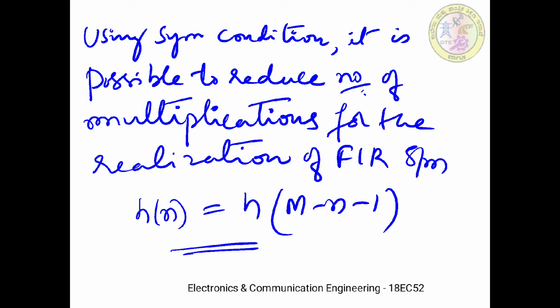So now let us see through some examples how it is possible to implement linear phase FIR systems. Let's take one example. Realize the following system with the minimum number of multipliers.